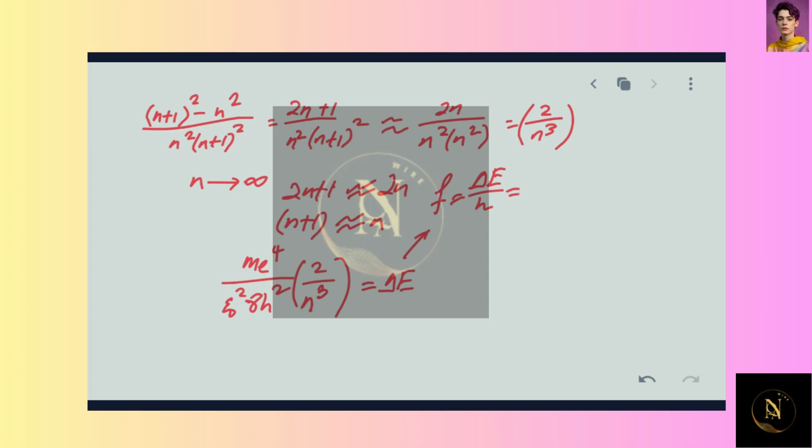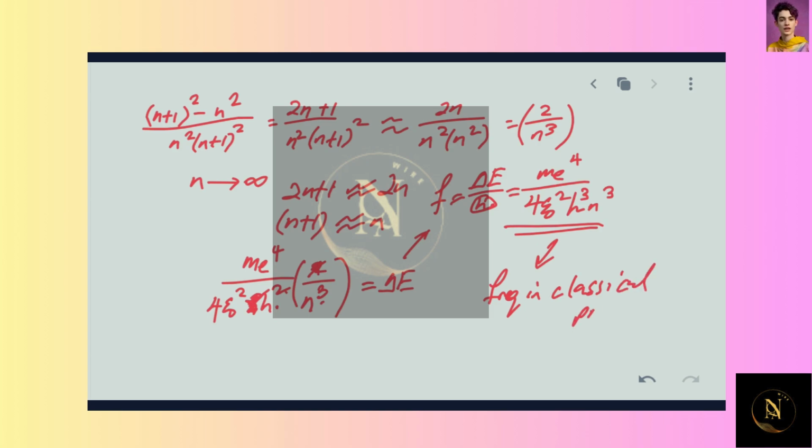And I think you can see that this cancels to get 4. So this is m e4 divided by 4 epsilon naught square. We have n cubed, we have h square, with an extra h from here, then h cubed, n cubed. This is the frequency in the quantum picture.